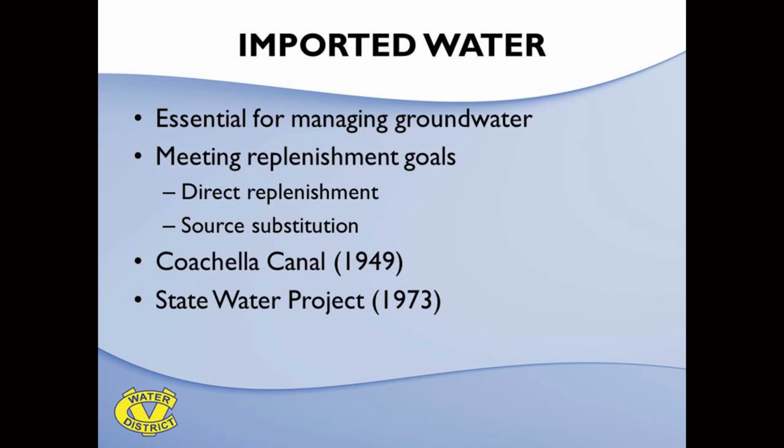And we use imported water for managing our groundwater supplies, either through direct replenishment or source substitution. For example, golf courses. We're trying to get a bunch of golf courses hooked up to canal water so that they don't use groundwater. That's source substitution.